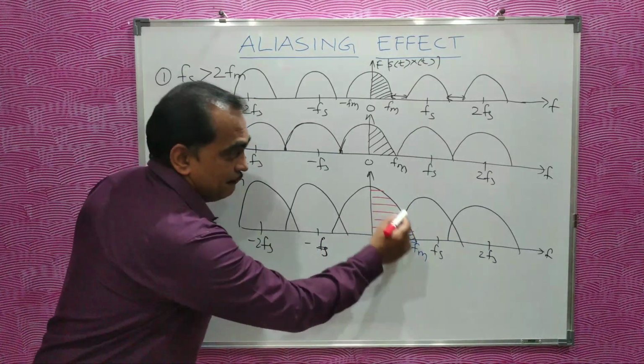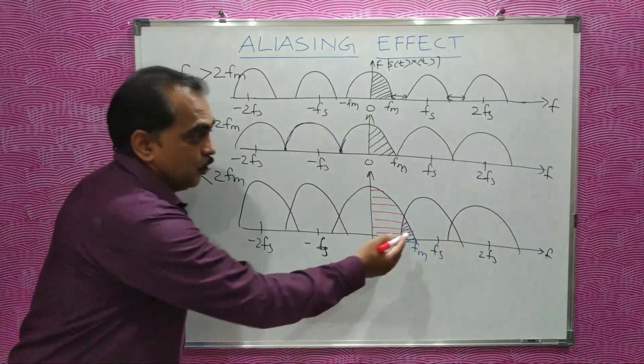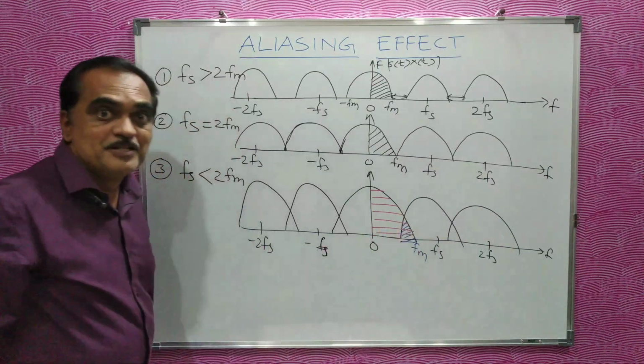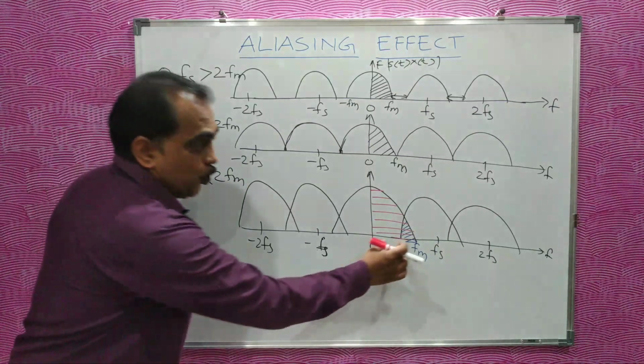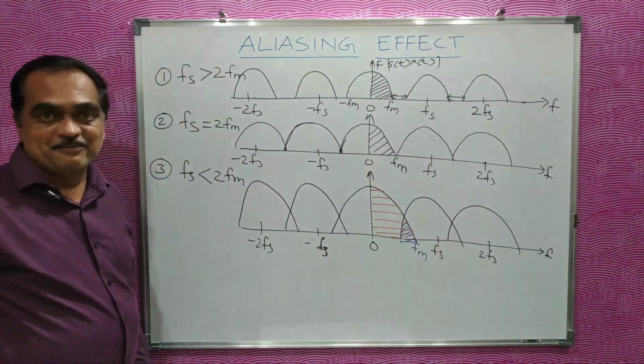So the higher frequency of the original signal takes the identity of the lower frequency of the next double sideband. This overlapping is called the aliasing effect.